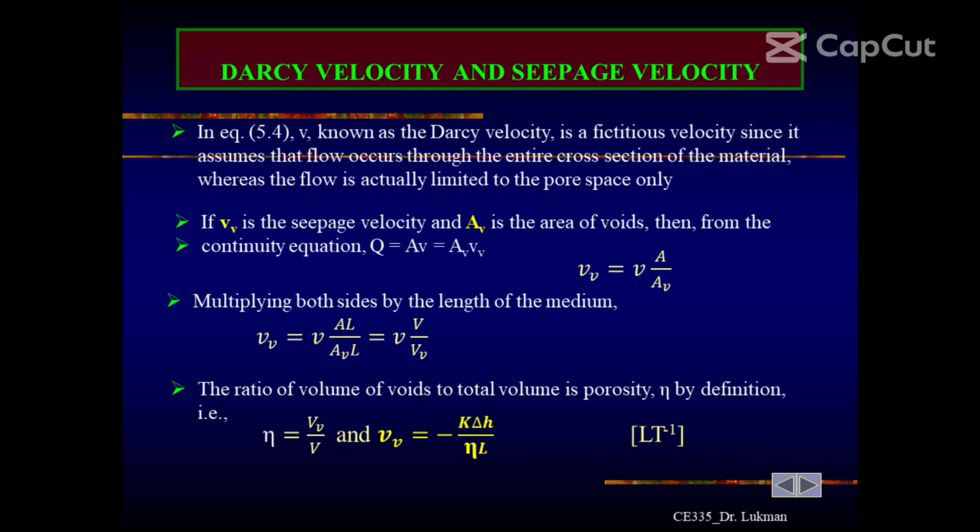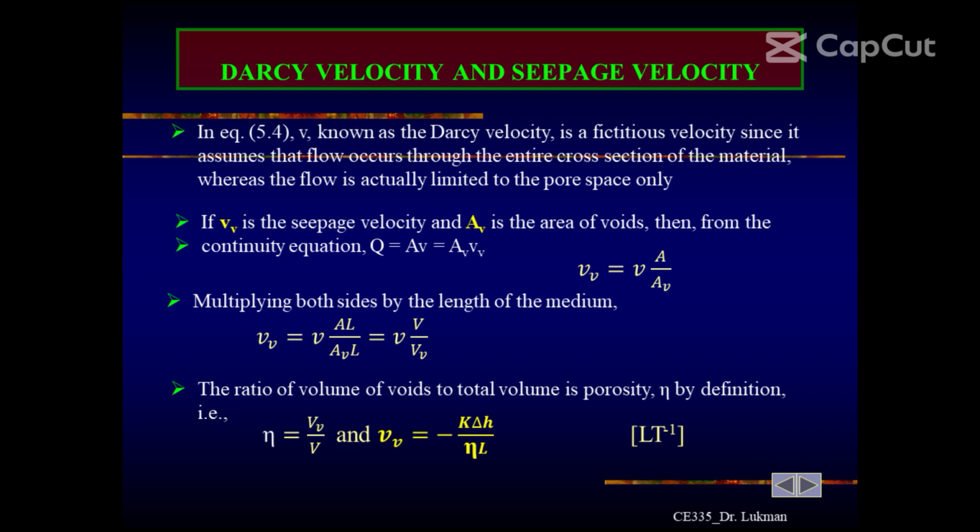So here, if you want to express the velocity using Darcy's law and the equivalence, it's going to be minus K over N, dh/dl.